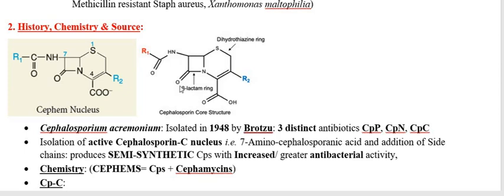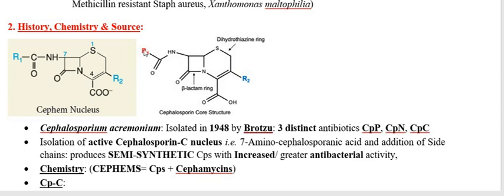This is without the side chain. When you put a side chain on this cepham nucleus, or 7-aminocephalosporinic acid, as a result you get the semi-synthetic cephalosporin.